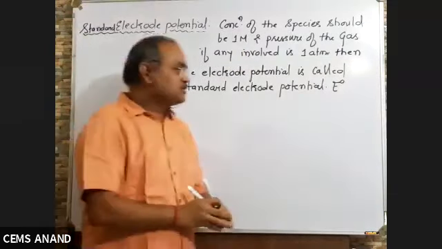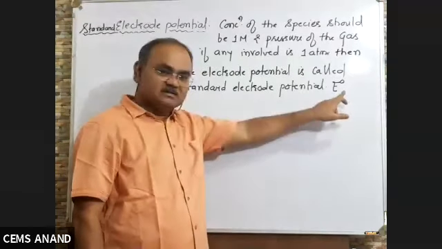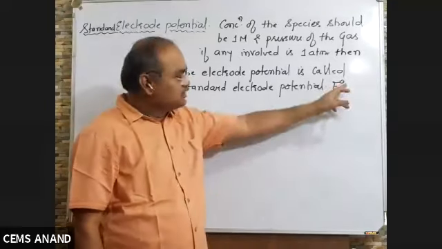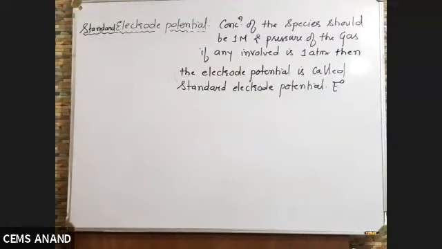Here I will not write ox, I will not write RED, because electrode potential can be oxidation, it can be reduction. So the symbol is E0 for standard electrode potential.